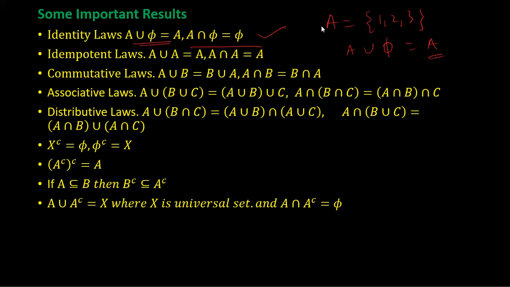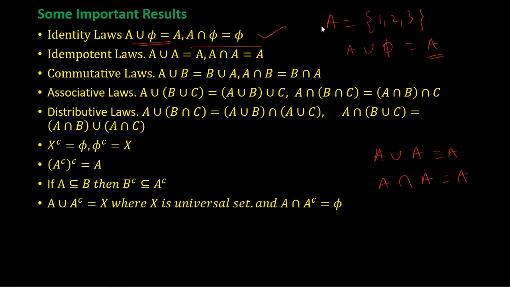Idempotent law: if we take union with the set itself, you will get the set itself. Intersection with the set itself, you will get the set itself.